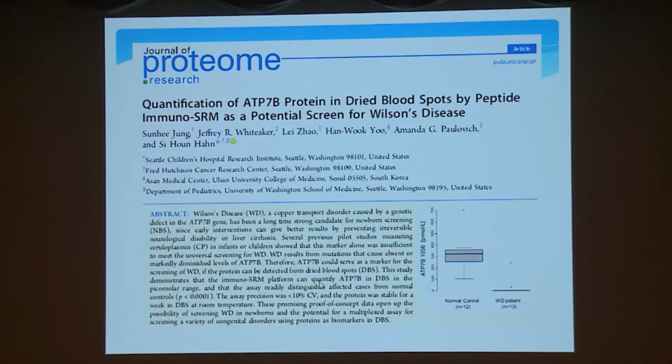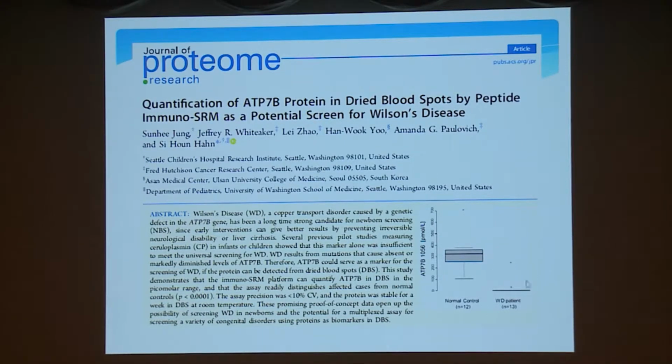On the other hand, detecting ATP7B protein on dried blood spot seems to be a solution for newborn screening. However, the range of concentration is very low, down to picomole per liter, whereas for ceruloplasmin it's micromole. Therefore you can appreciate that this group used an immunoaffinity method to enrich the ATP7B before they submitted it to mass spectrometry analysis.